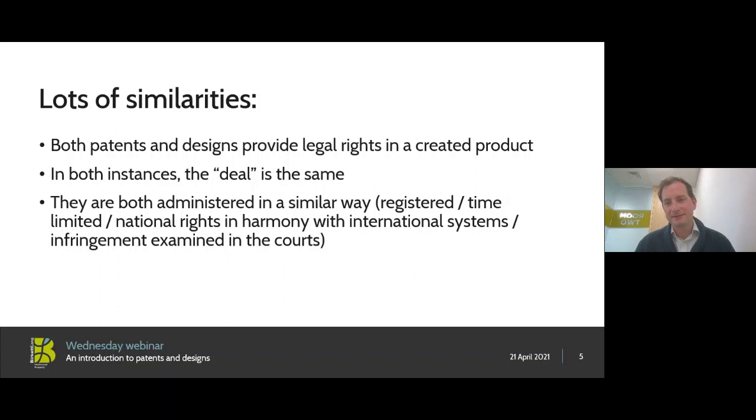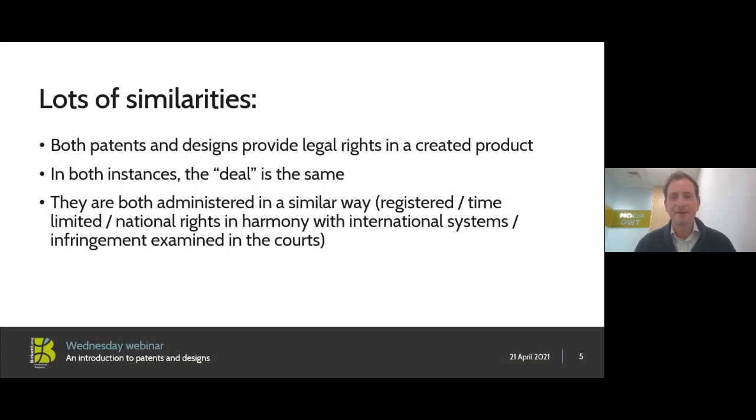My second point is a little bit obscure, I suppose, but intellectual property registrations are a kind of deal with the state and with the public at large. You as the inventor, designer, creator, have come up with this idea, and you have a choice as to whether you keep it to yourself and therefore deprive the world of the creative genius of your invention, and prevent the progress of the sector at large, or you can share it.